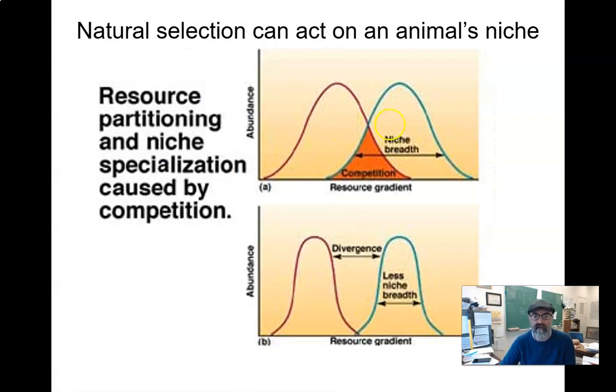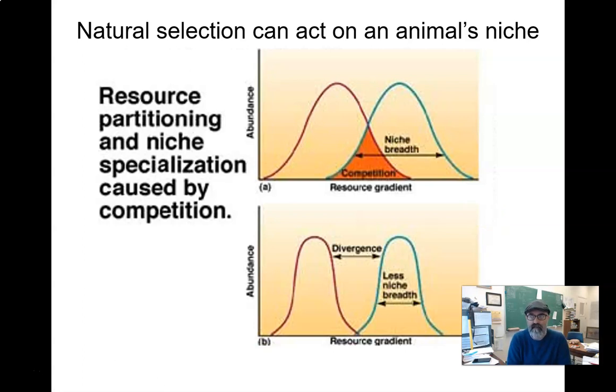Okay, and the reason that they have their own niche is believed to be in order to avoid competition. Okay, so two species cannot occur in exactly the same niche indefinitely because they will compete with each other. Okay, so if we look at this top figure here, figure A, and we talk about anole species living in a Cuban rainforest.